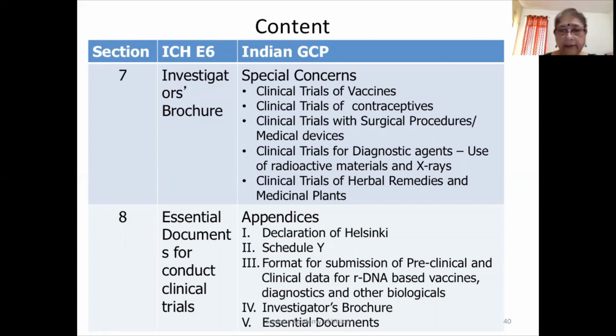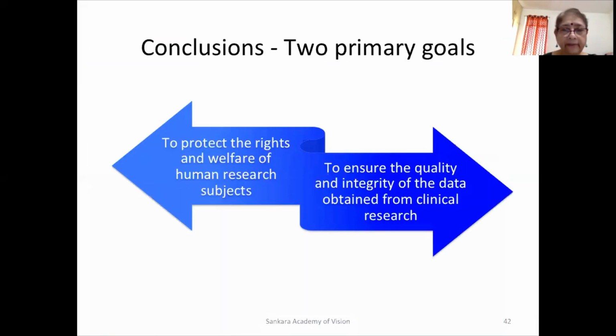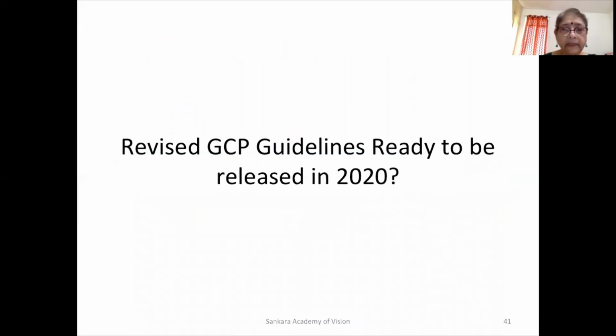So there is actually an effort to revise the GCP guidelines, which, I understand, is ready. It has to be seen by the regulator, and perhaps it may be released in 2020.